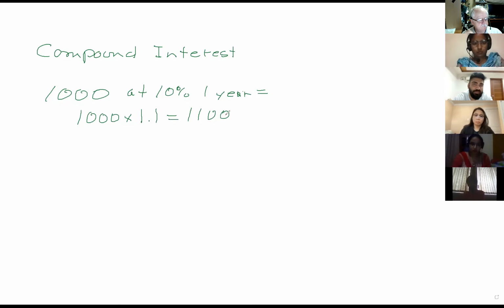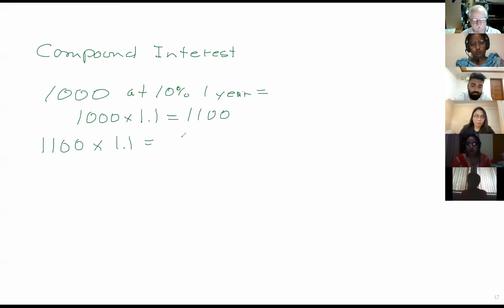Okay. Right? Because 10% of 1,000 would have been 100. And again, this mysterious one cropped up out of nowhere, but that's what we would have to multiply by, 1 plus 10%. If we reinvested it, we'd now be investing 1,100 times 1.1.